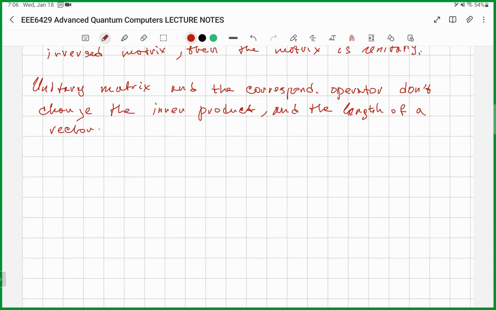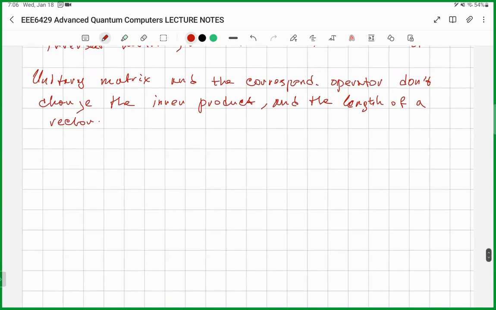And the unitary matrix corresponds to a particular class of these transformations that correspond only to rotations in vector space, without change of the length of a vector. And on top of that, without change of the scalar product of two vectors.